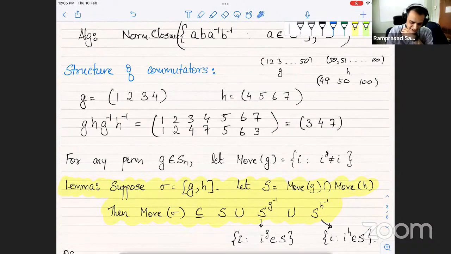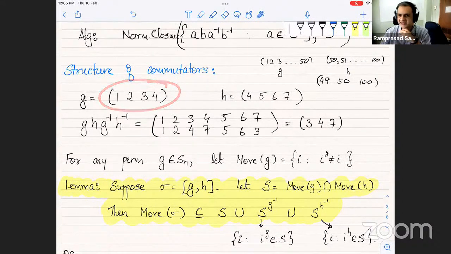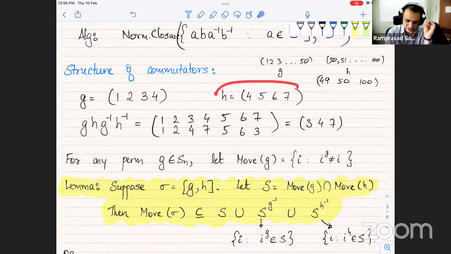So in the previous situation, what are the elements moved by G? It's 1, 2, 3, and 4. And what are the elements moved by H? 4, 5, 6, and 7. This common set is just the singleton set 4. And what's the pre-image of this set under G? It is just 3, because 3 is the thing that got moved to 4.